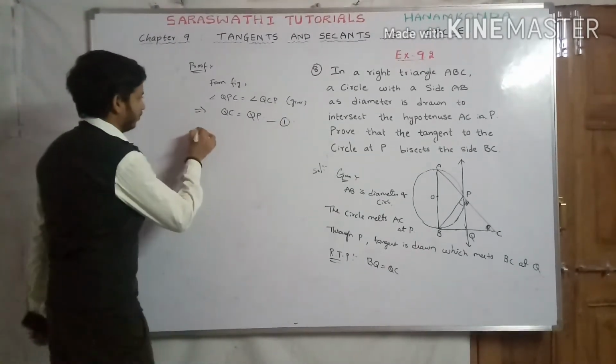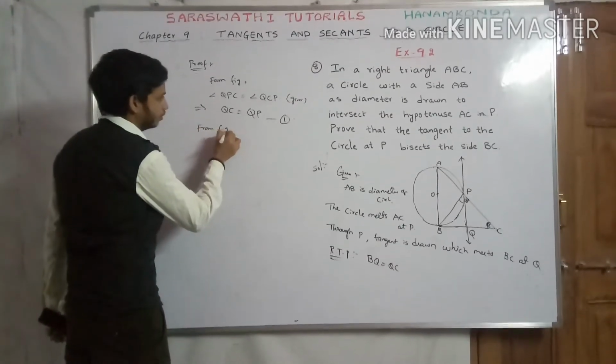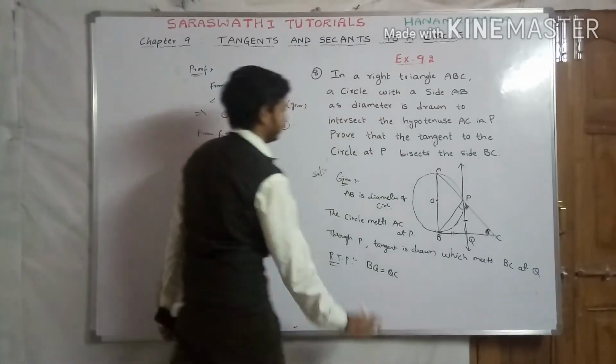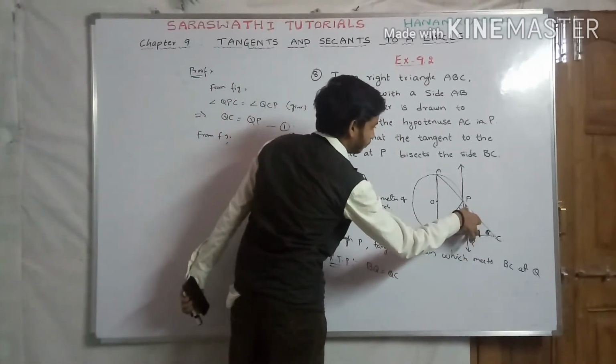Now from the figure, we can write QB equal to PQ. Why?